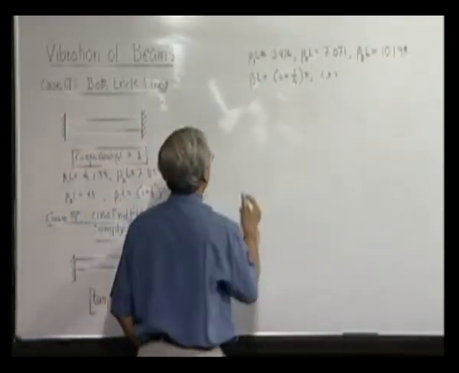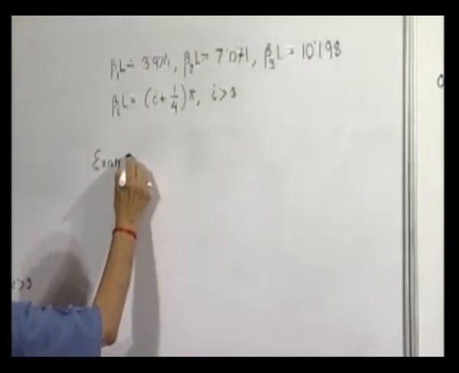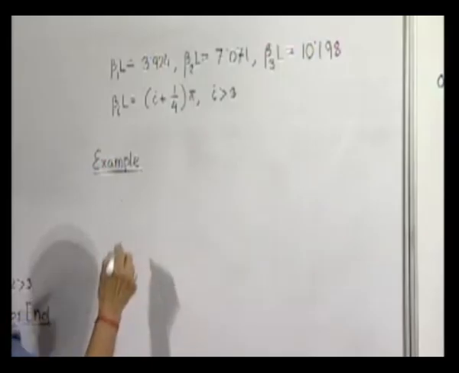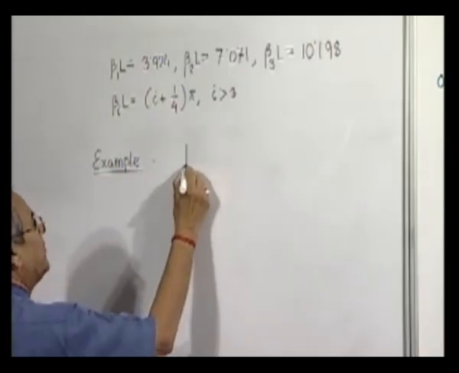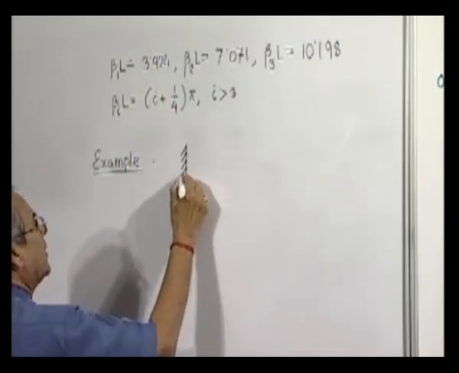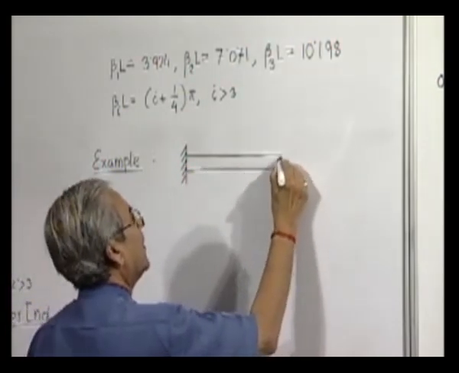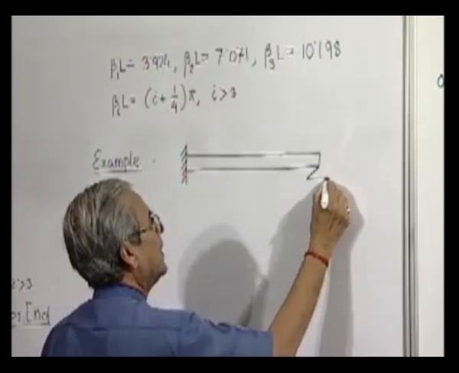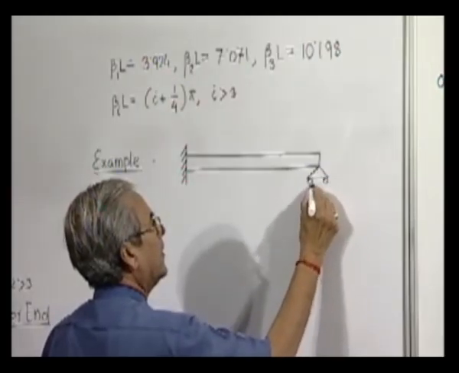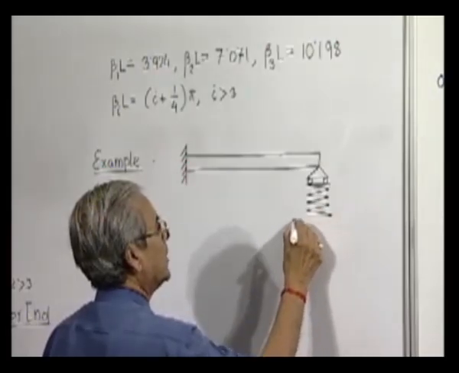Let us solve a particular case. Example. So the example we take is one end fixed, and the other end elastically supported.